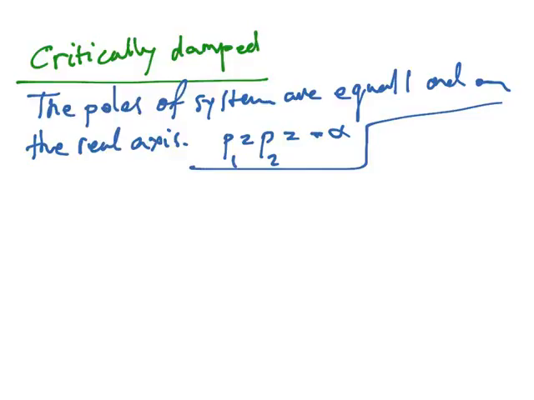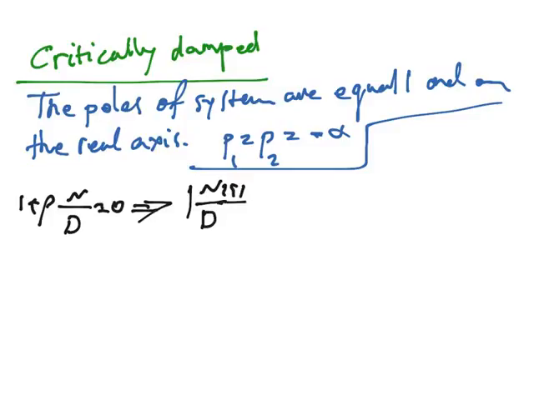So remember that the characteristic equation that we have is this expression 1 plus rho times n divided by d equal to 0, for which we have two conditions. Condition on the amplitude, which says the amplitude of n over d is equal to the amplitude of minus 1 over rho, and also we have the phase or the angle condition, which we don't consider right now. So according to this amplitude condition, we can obtain the value for rho, and then accordingly we can obtain the value for Kp.